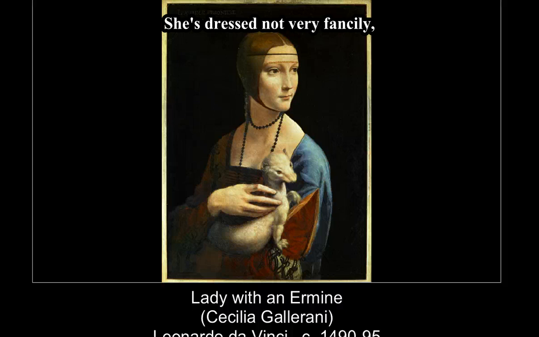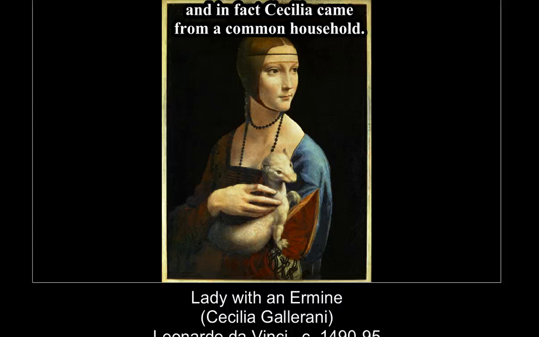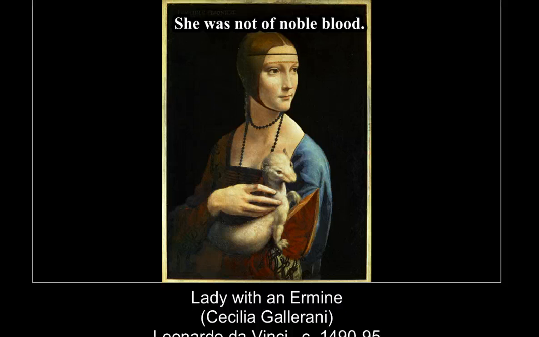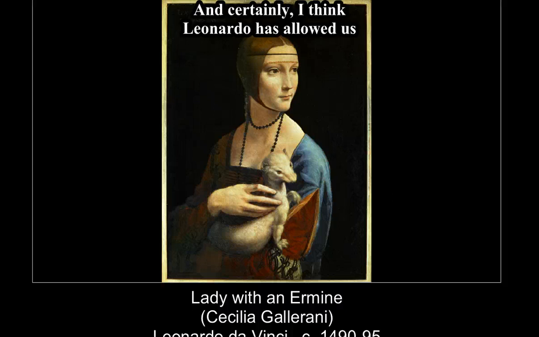She's dressed not very fancily, and in fact, Cecilia came from a common household. She was not of noble blood, but she was renowned for her beauty. And certainly, I think Leonardo has allowed us to see that beauty, has recorded it for posterity.